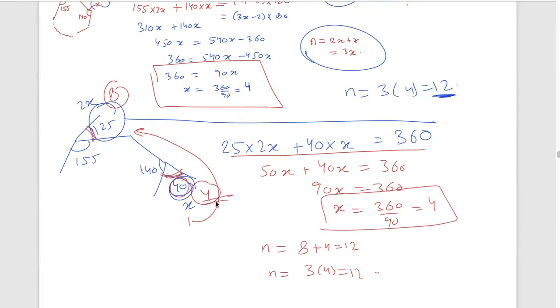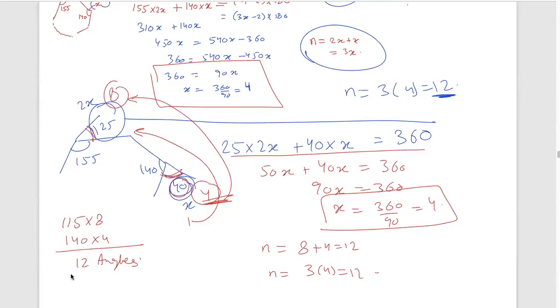So if that's 4, this should be 8. And total angles are 4 plus 8. So because there's less 140 than 155, it's just going to be double the amount. So we just add them together and it goes to 12.